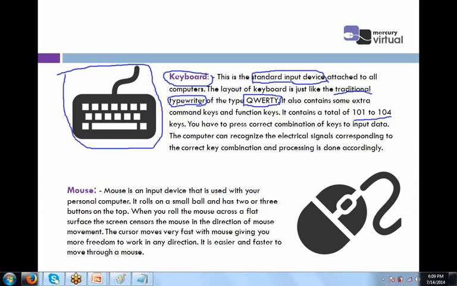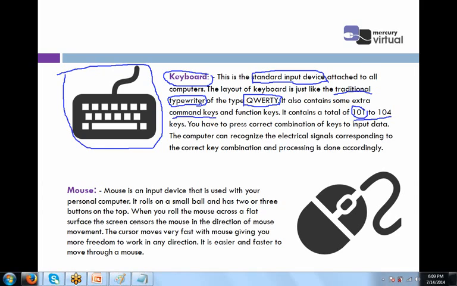There are also categories of keyboards like multimedia keyboard, foldable keyboard, scientific keyboard. So depending on the keyboard, there are different numbers of keys, but the basic standard keyboard which we use contains 101 keys. It also contains some extra command keys and function keys.